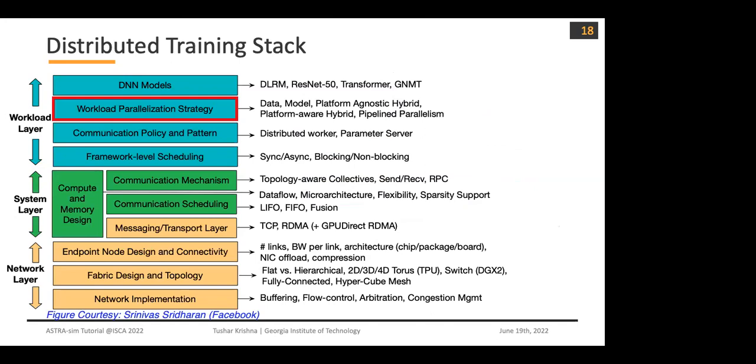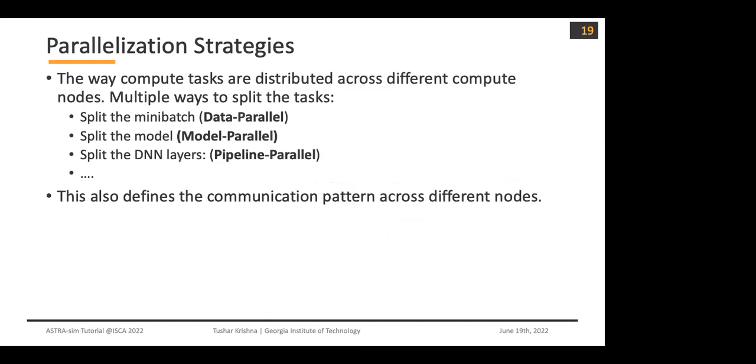Once you have the model, you need to start thinking about how you actually run it in parallel, right? Essentially, the parallelization strategy is the way in which the compute task is distributed across different compute nodes. As I said, there are hundreds or thousands of accelerator endpoints. So you could either take your actual data samples and split the mini batch. This is called data parallel.